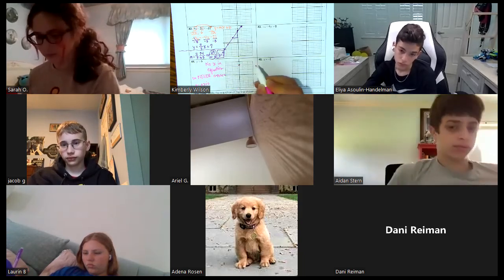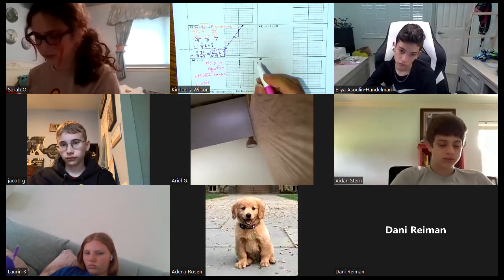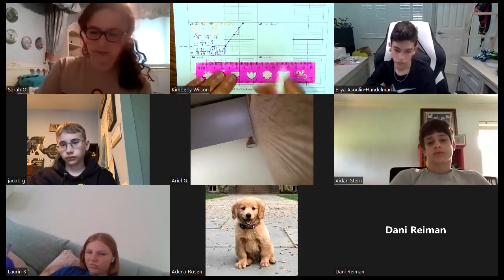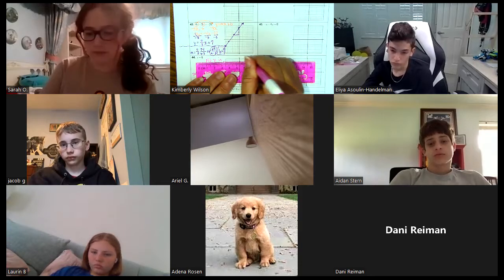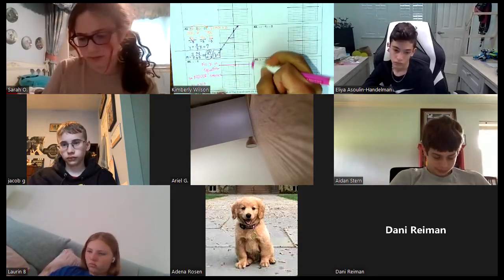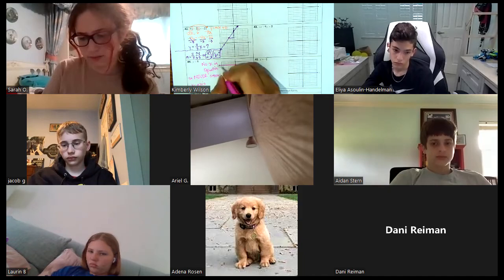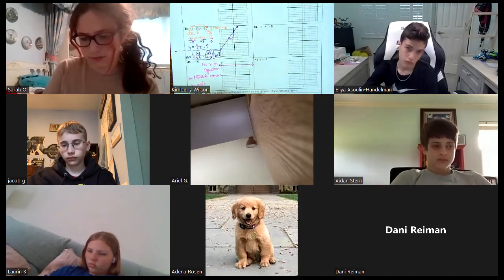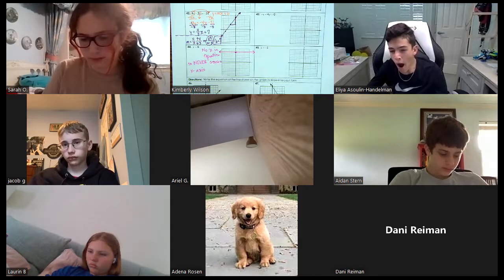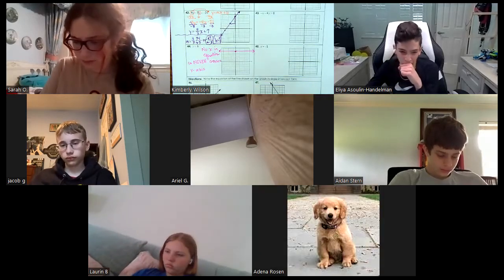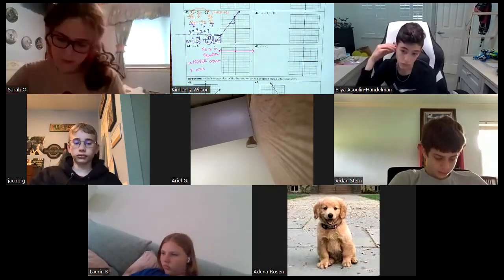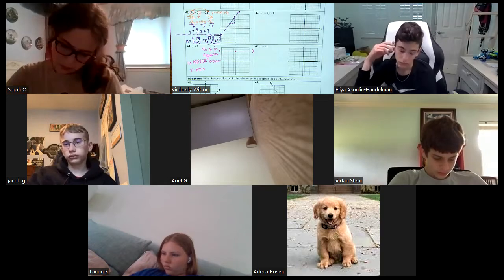But if it's never going to cross the x-axis, then that has to be a horizontal line for it to never intersect, because it's got to be parallel to the x-axis. You apply the same thing to 45, but just in reverse. And you can check your answers in Schoology when you're working these as well. The answer key for everything is there.